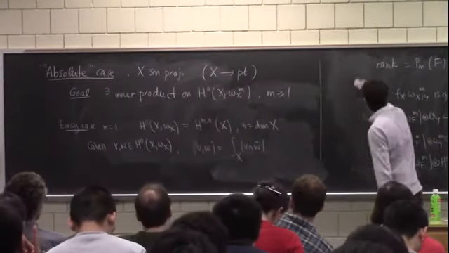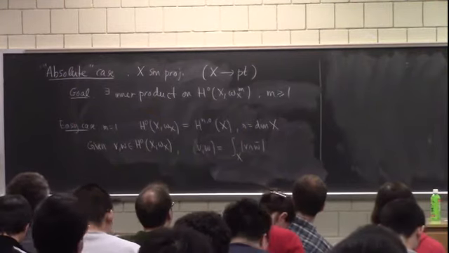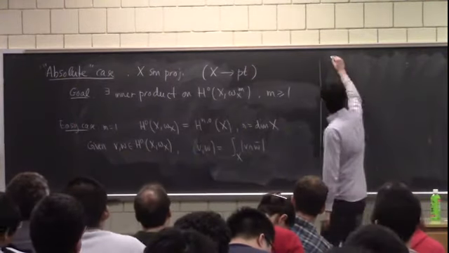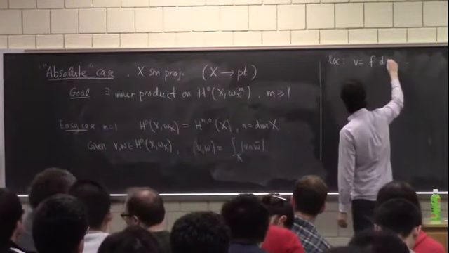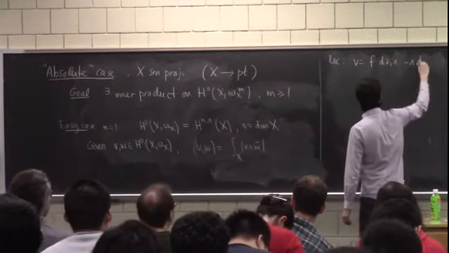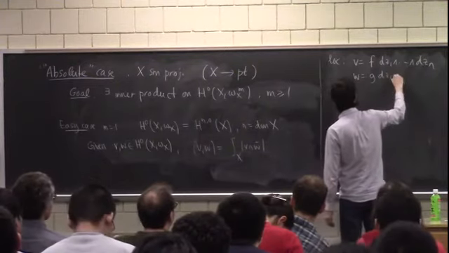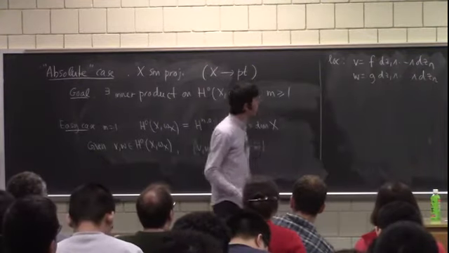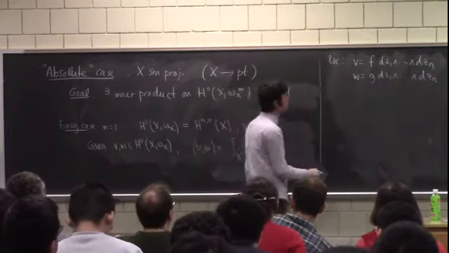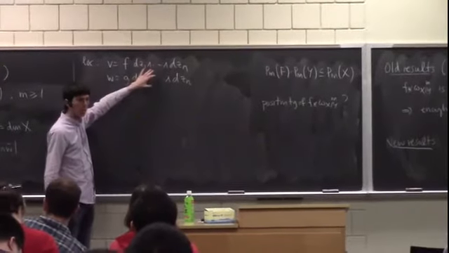So I will write it in local coordinates. What I mean by this is that locally, v is going to be some function f times dz1 through dzn, and w is going to be some other function g in local coordinates. So if I take v wedge w, it's going to be f times g bar times dz1 through dzn times the conjugate of that.